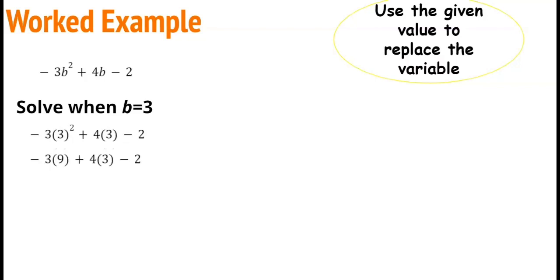When we simplify our exponents, we end up with negative 3 times 9 plus 4 times 3 minus 2, which will give us negative 27 plus 12 minus 2.